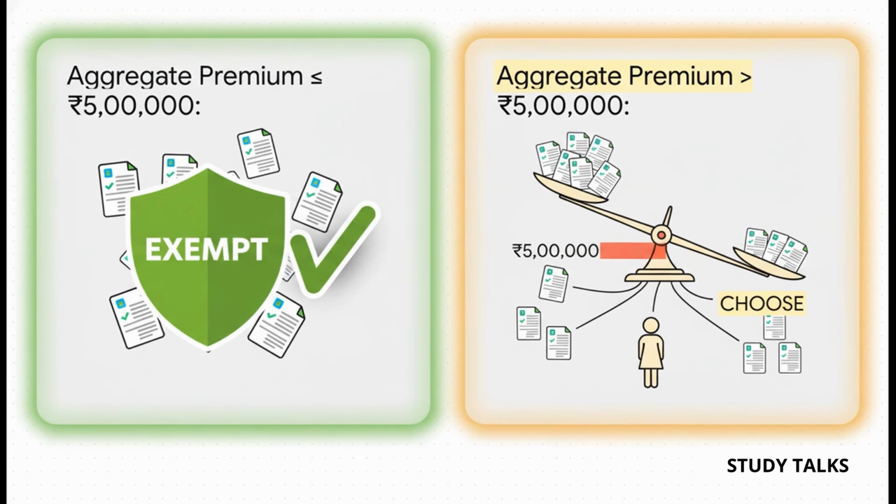On the left, if the total annual premium of all your eligible policies is 5 lakhs or less, congratulations. Everything's exempt as long as you pass that 10% test. But on the right, this is where it gets interesting. If the total premium goes over 5 lakhs, the law gives you a choice. And this is so important. The assessee, that's you or your client, gets to pick and choose which policies to claim.